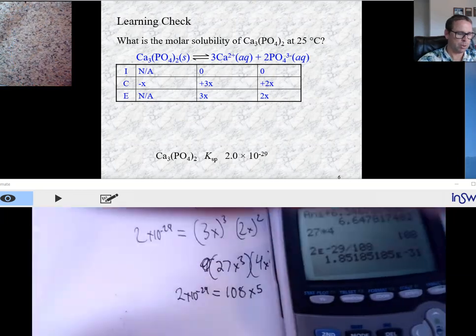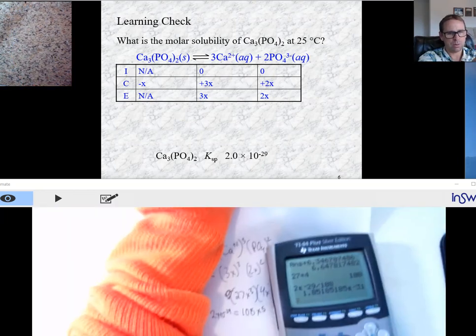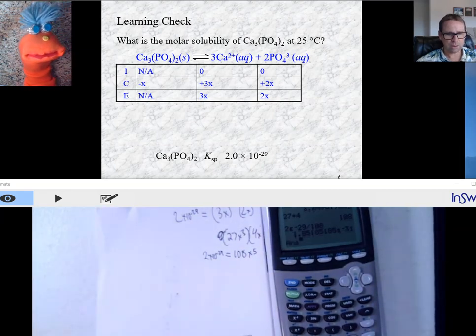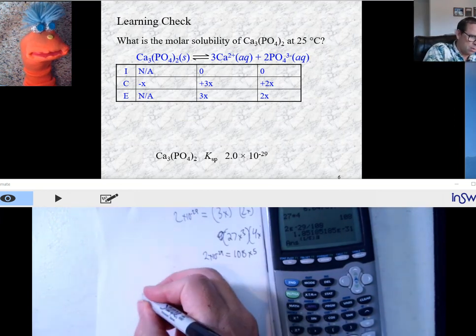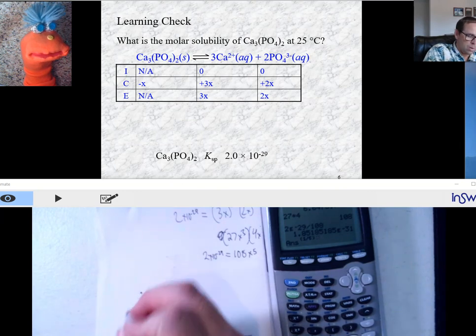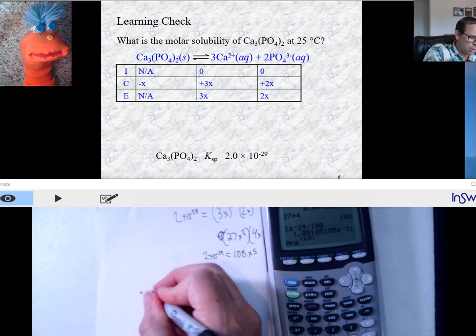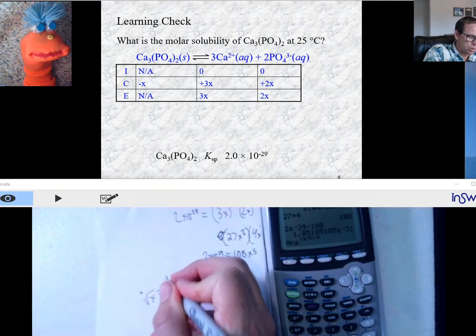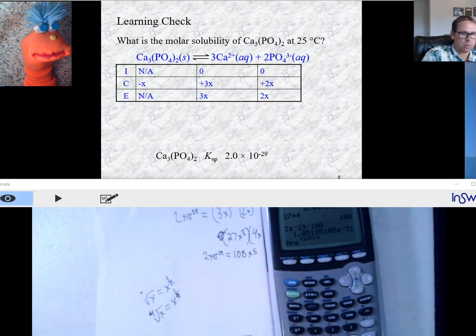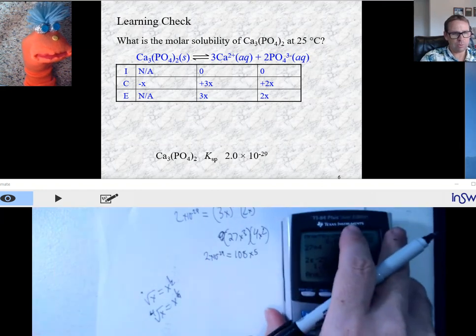But what I do, let me pull this out a little bit, is I just raise it to the 1 over 5. Because the square root of x is equal to x to the 1/2 power. The 4th root of x is equal to x to the 1/4 power. Okay? So you can just raise it to the 1/5 power.